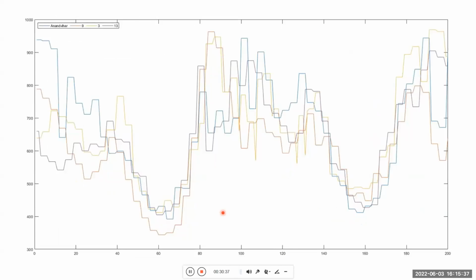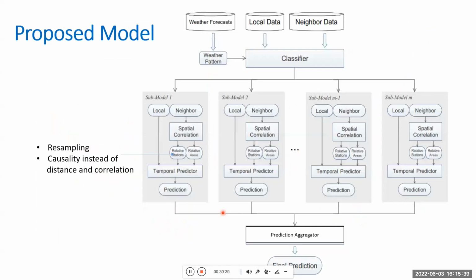Having done all this data imputation and data analysis, we come to a model which takes two kinds of data: the time series data of a local station and the time series data of neighbor stations. These neighbor stations will govern the spatial correlation for this particular local station.